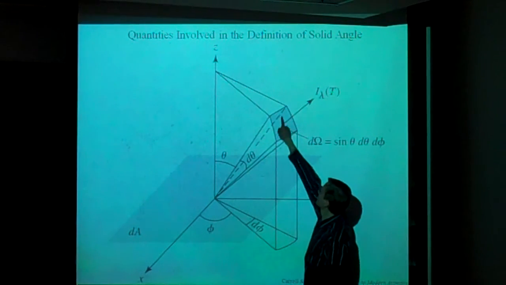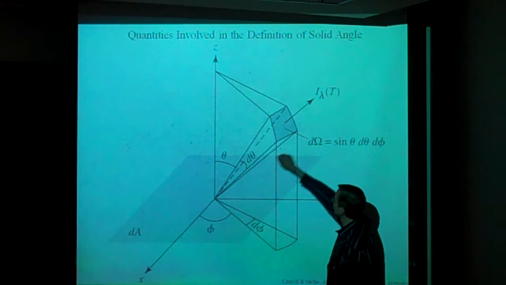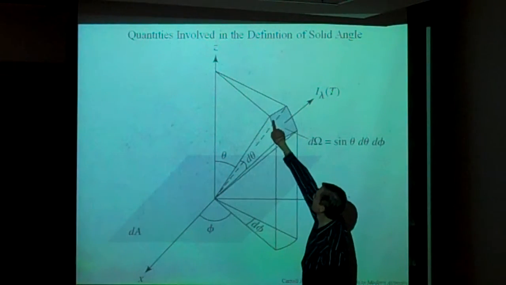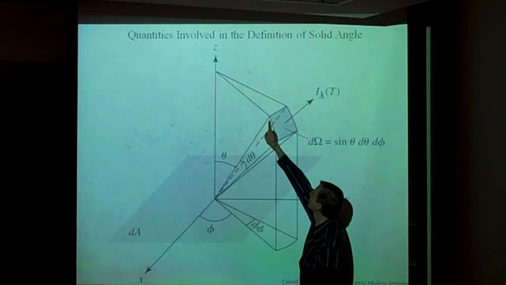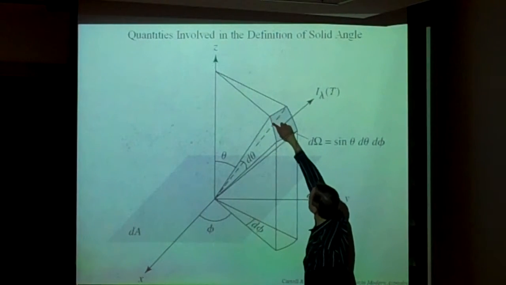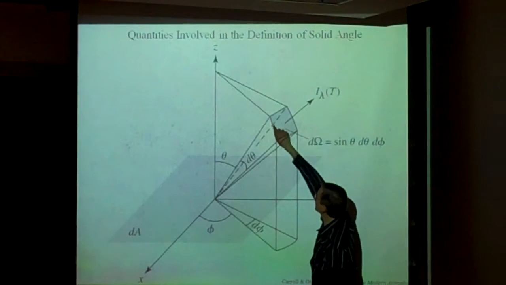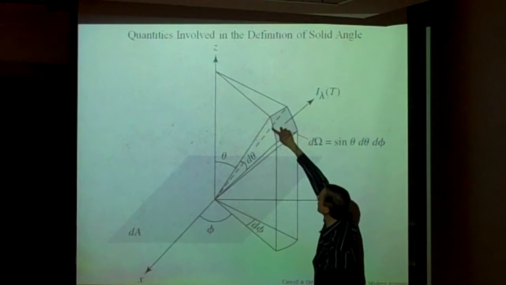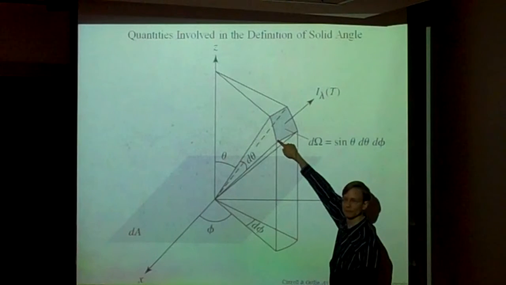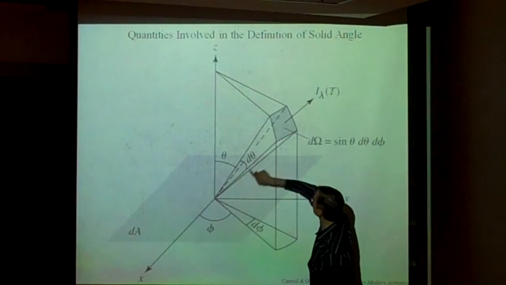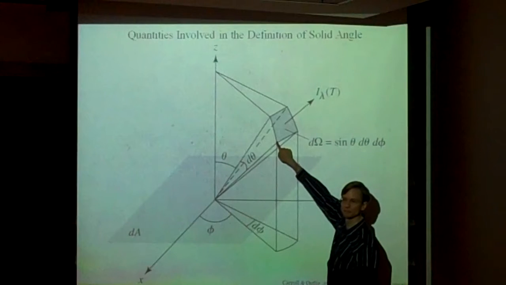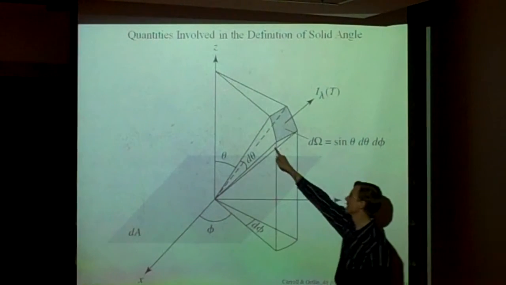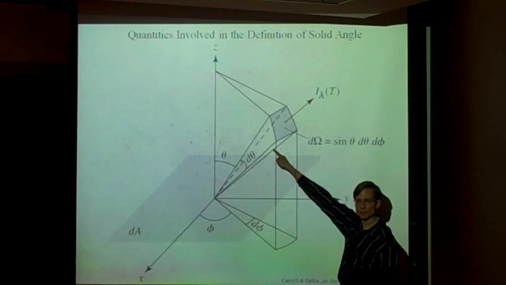But if you think of this as a little patch on the surface of a sphere, and think of this as the radius vector, the displacement from the origin of length r, then if I move in the theta direction by an angle d theta, what is the length of this arc right here? So if this is r and this angle is d theta, what's the length of that arc? R d theta. That's r d theta, right? So that's why the displacement in the theta hat direction is r times d theta.